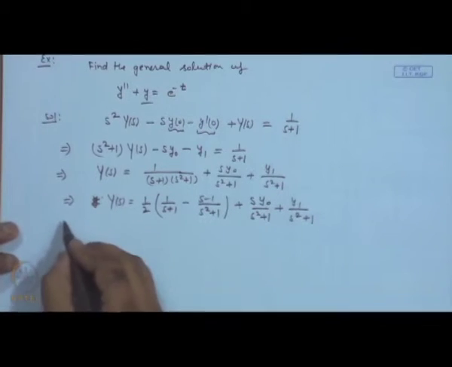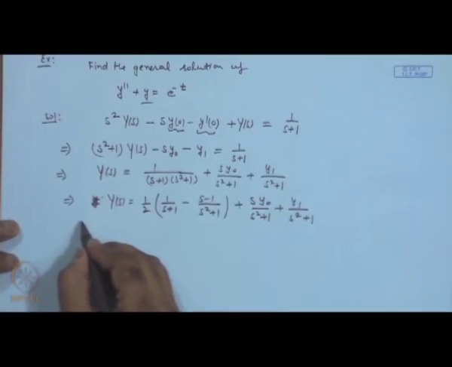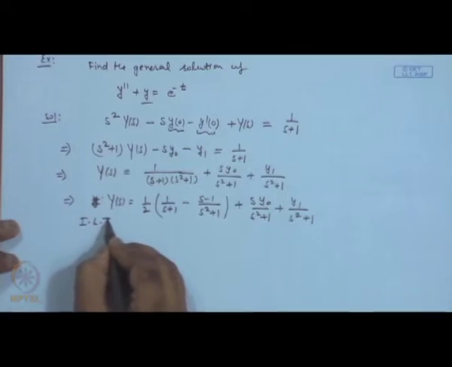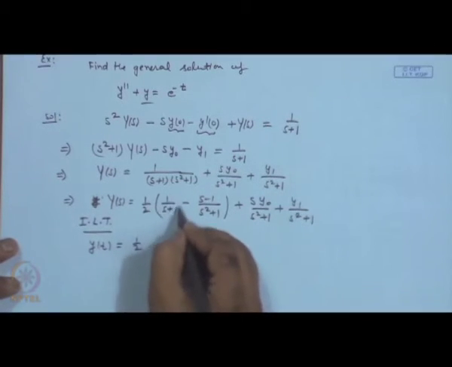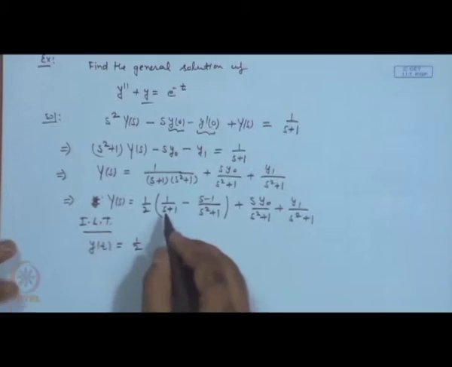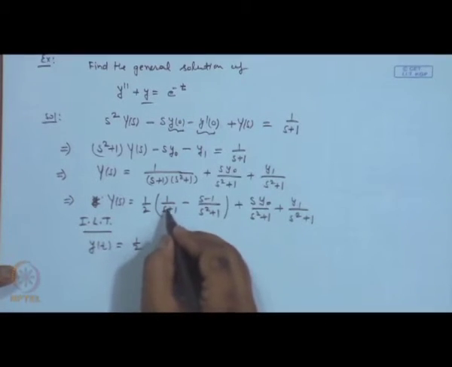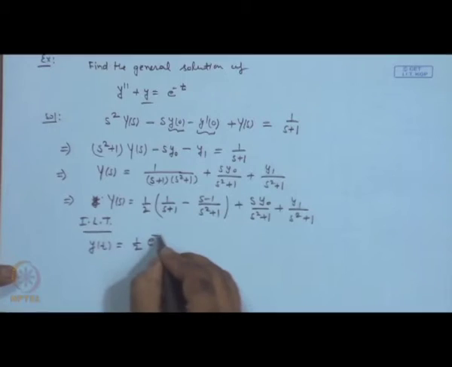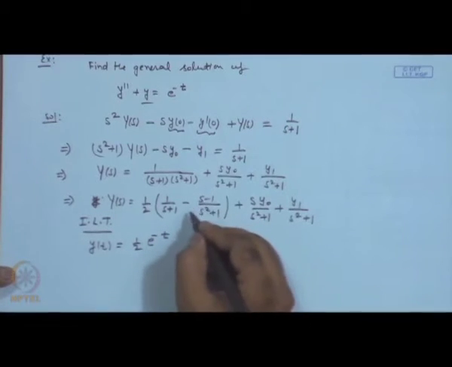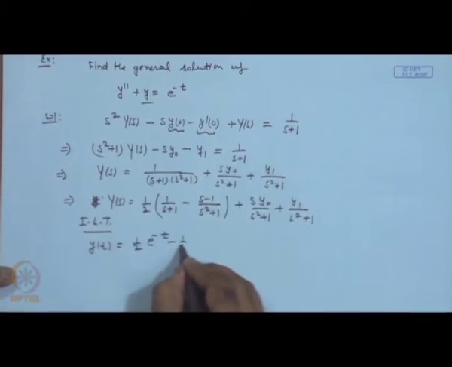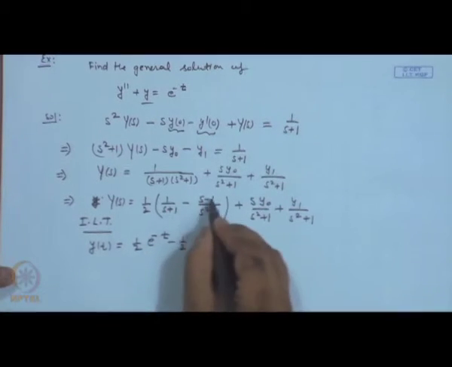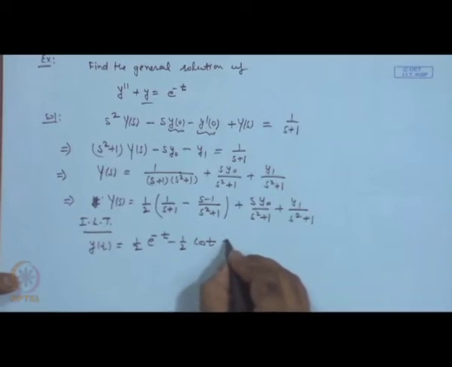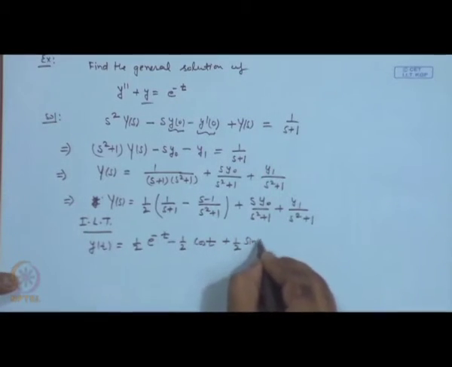Now, we can take the inverse Laplace transform. The inverse Laplace transform will give us y(t), and this is 1 half the Laplace inverse of, using the linearity property, 1 over s plus 1, that will be e to the power minus t. Then we have minus s over s squared plus 1, that is cos t, plus 1 over s squared plus 1, that is sin t.